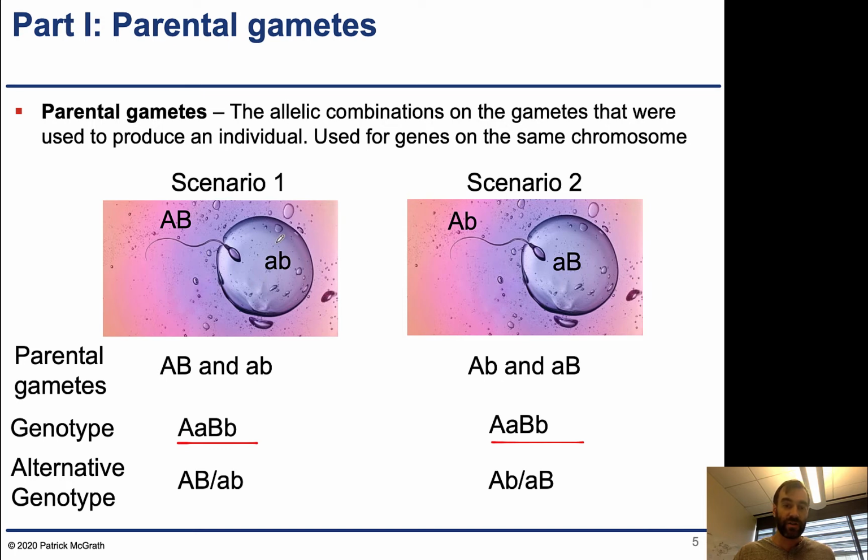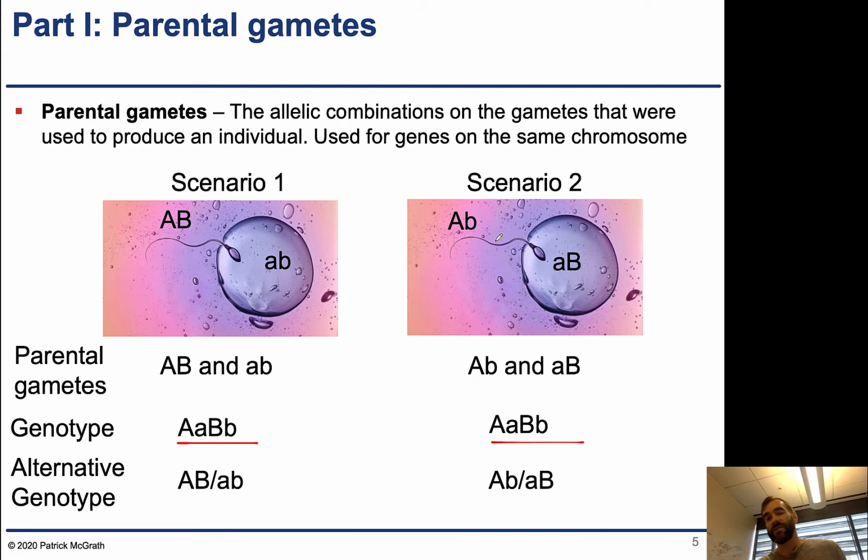She also has an egg, and within that egg there was a single copy of that same chromosome, and her combination was little a, little b. When we combine these two together, we have heterozygote copies of each gene.